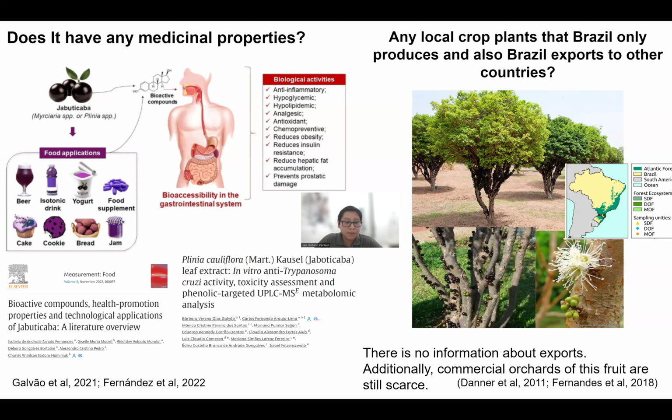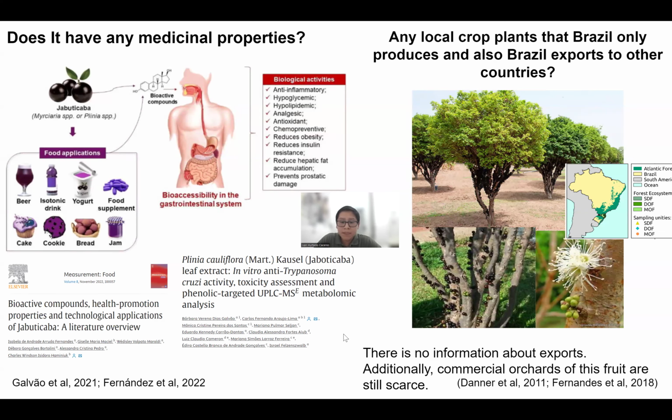For example, there are articles about leaf potential against Chagas disease, which is related to trypanosoma. It's very important to continue in this area to understand other biological potential in the leaf of this fruit.